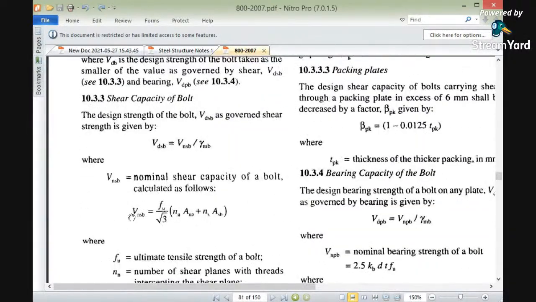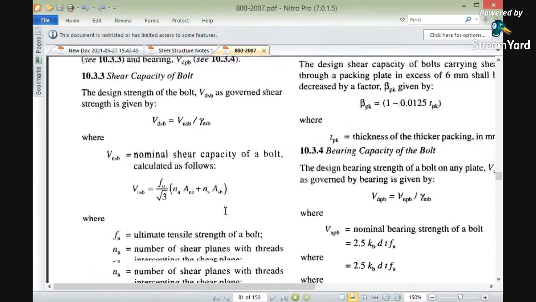VNSB is equal to fu divided by square root of 3, times nn Anb plus ns Asb. This formula is used to find out the shear capacity of bolt.